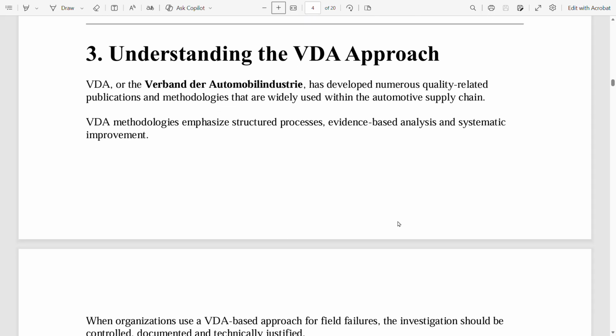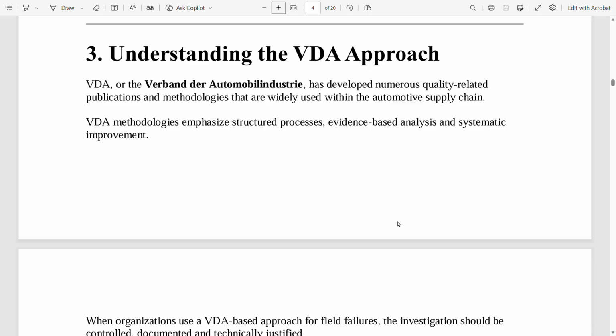Now, next is understanding the VDA approach. Third, VDA, or the Verband der Automobilindustrie. This is the full form of VDA. I again repeat it, Verband der Automobilindustrie.